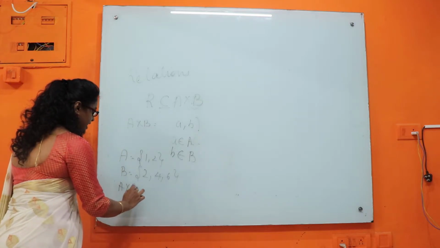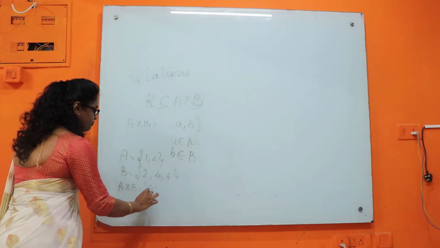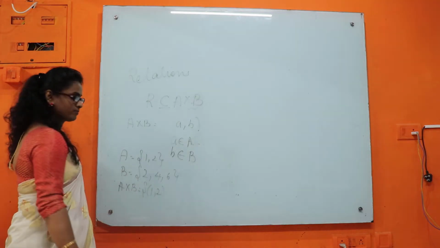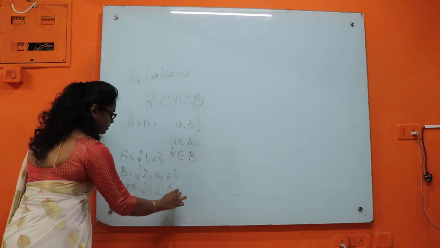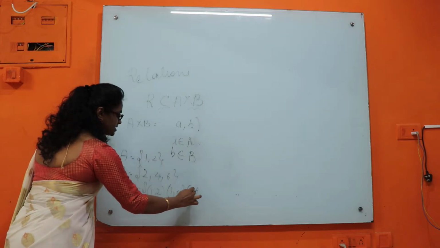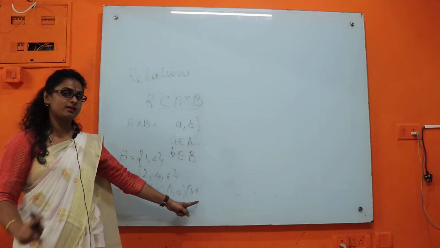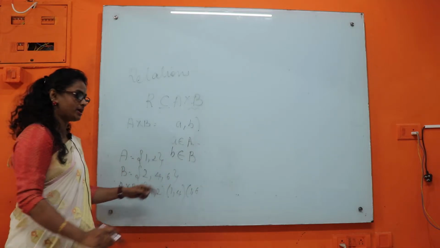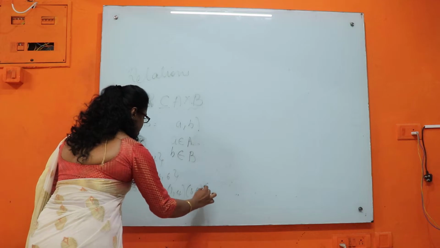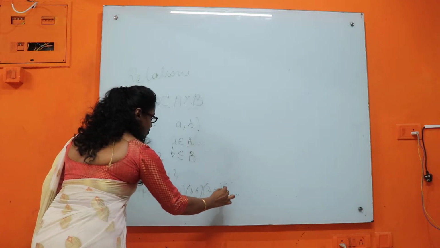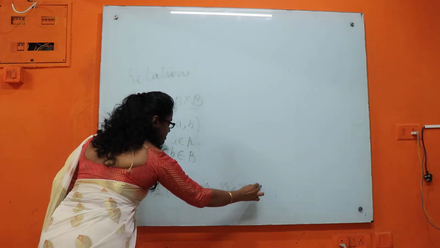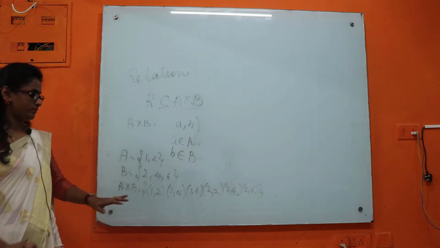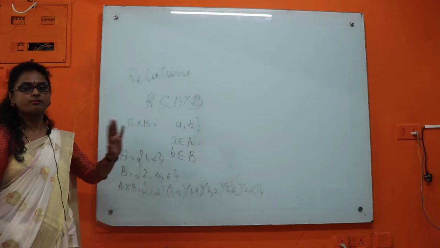A cross B can be written as (1, 2), then (1, 4), (1, 6). Can we stop till here? No, because I have one more element here, that is (2, 2), (2, 4) and (2, 6). This is what is a Cartesian product.